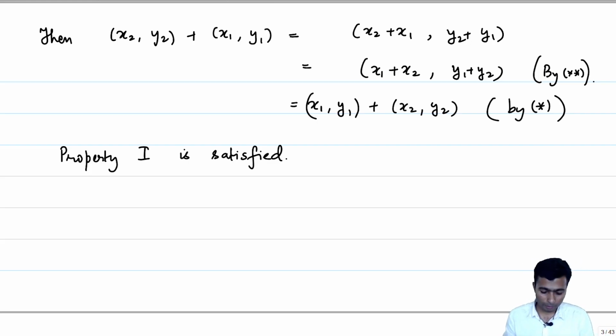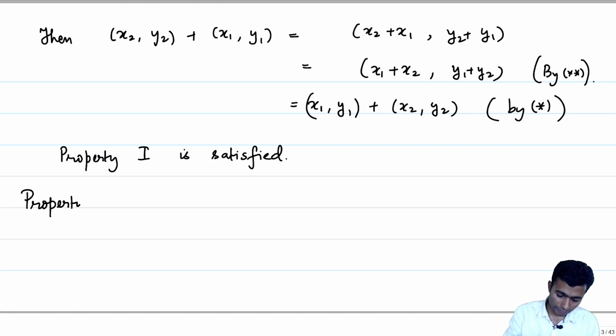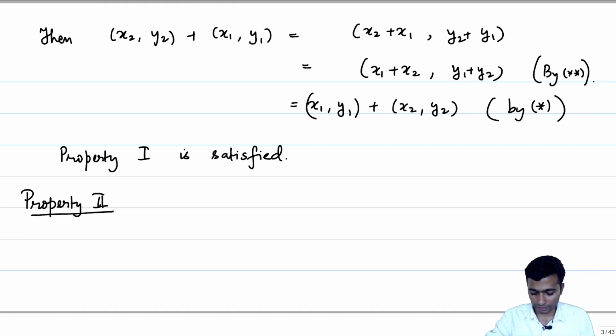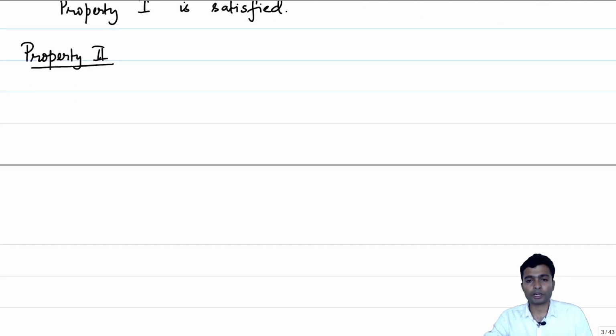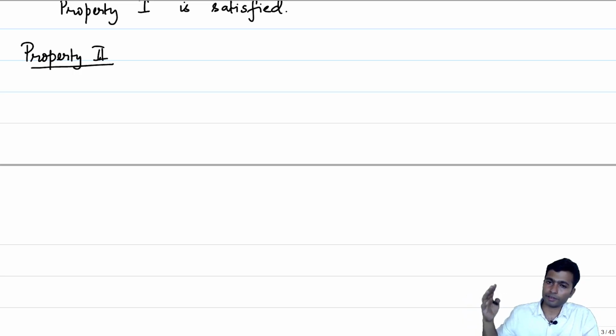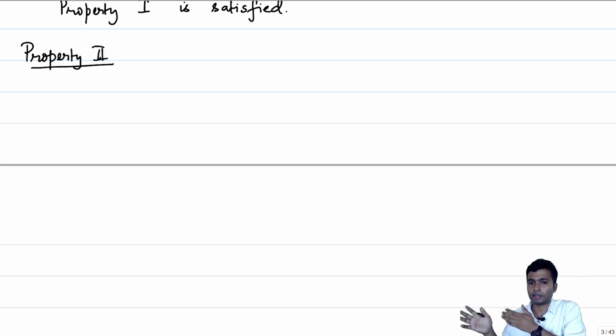Okay, now let us look at property 2. Property 2 dealt with associativity. So, if you take three vectors v1, v2, v3, the question is whether v1 plus v2 added first and then added to v3 shouldn't matter as compared to whether v1 is added to the vector addition of v2 and v3.